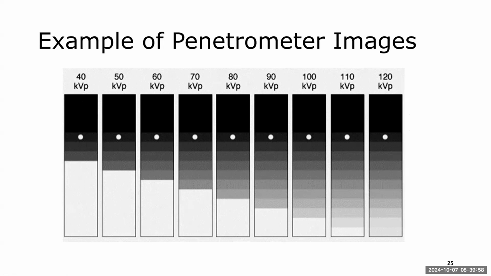So which one has longer grayscale? The 120, right? The 120 has longer grayscale, lots of shades of gray. Low contrast. You're going to remember that. The LOs: low contrast, long grayscale, lots of shades of gray.